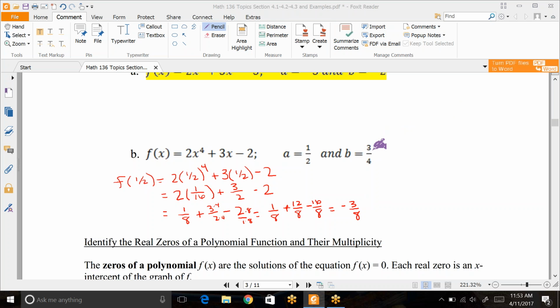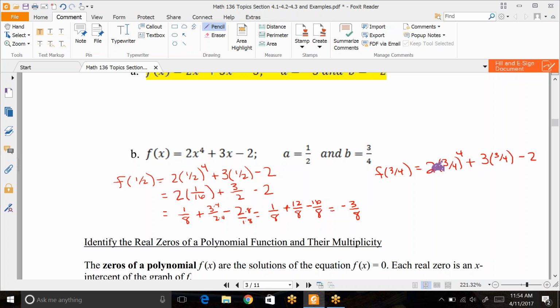Now, the next thing we need to do is evaluate the function for 3/4 and see if that also comes out negative. If it does, then we don't know if we crossed the x-axis. But if it comes out positive for the y value, we know we did cross the x-axis. So 2 times 3/4 to the 4th power plus 3 times 3/4 minus 2.